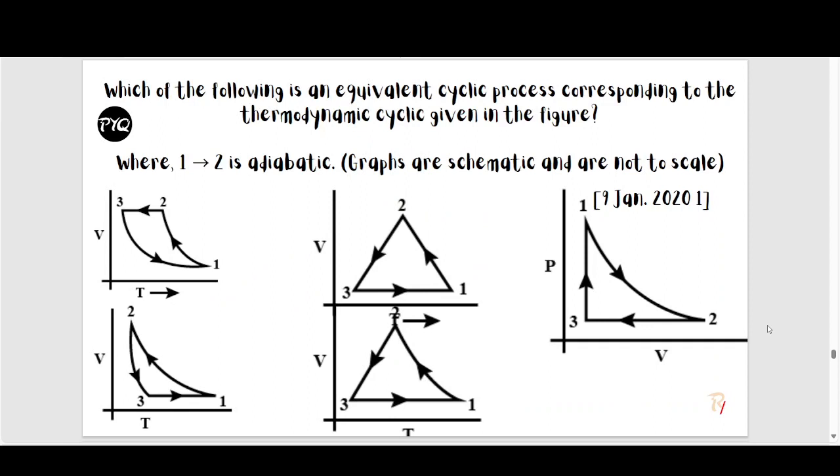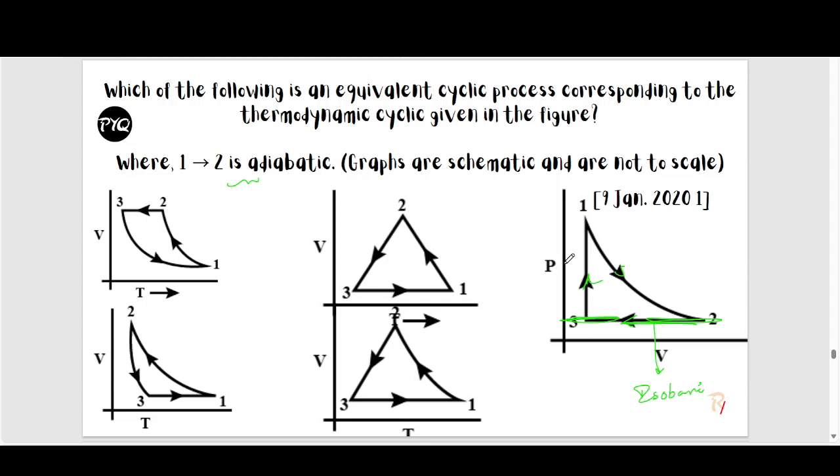Let me go to the question. Which of the following equivalent cyclic processes corresponding to thermodynamics has 1 to 2 as an adiabatic? Okay, here volume is constant, therefore it was isochoric, here pressure was constant. Here take this as isobaric, and this and this.